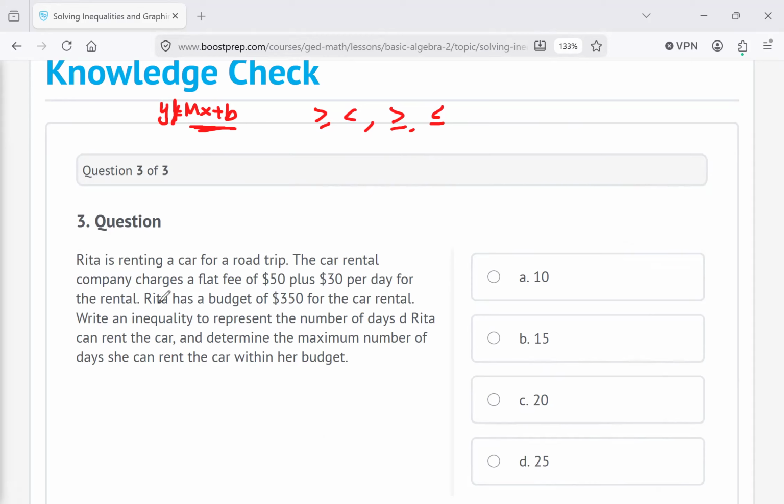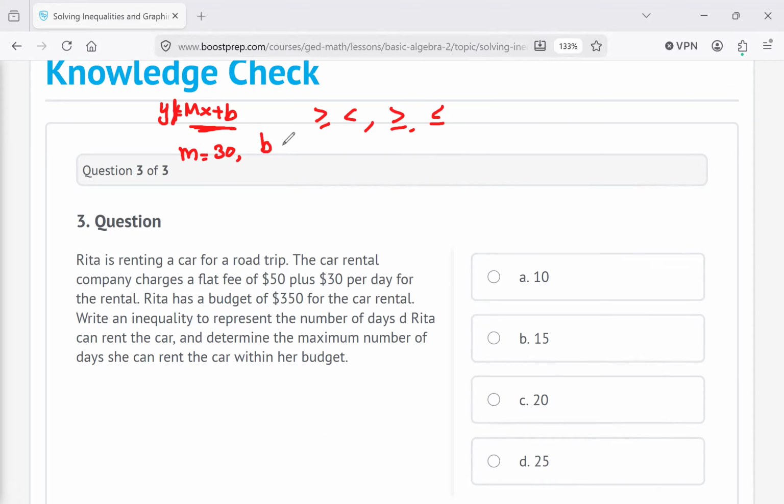So let's read the sentence again. Rita's renting a car for a road trip. The car rental charges a flat fee of $50 plus $30 per day for the rental. So yes, we do have both of them. My m, or my uncontrolled cost, is $30 per day. So my m is 30.